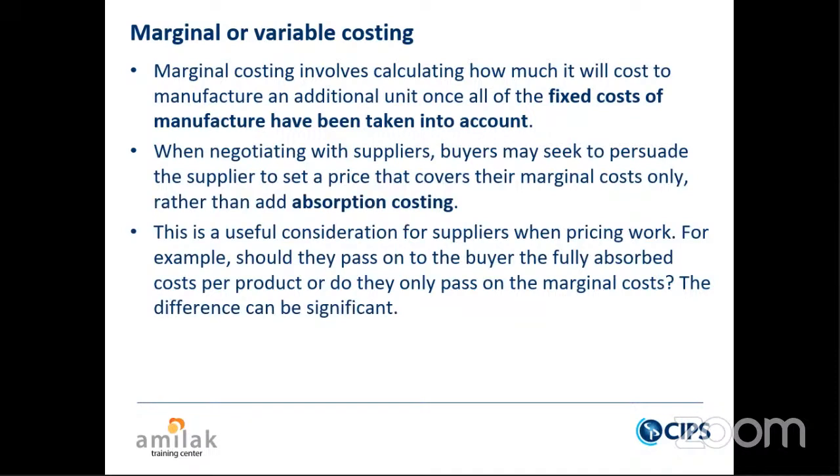We have sorted out the fixed costs, but when the supplier costs your product that they need to manufacture for you, they only consider the variable costs that are related mainly to the materials involved in producing that particular item.